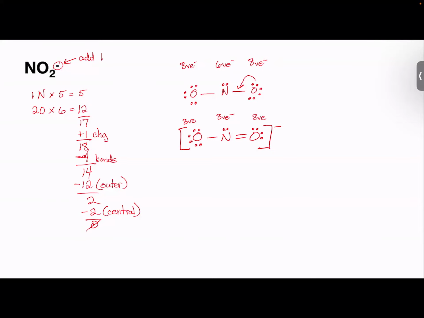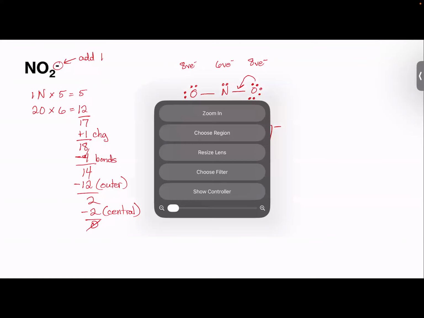But here is the new piece. I made a conscious decision that it would be the right-hand oxygen that shared its electrons in order to allow nitrogen to have an octet. There is no reason it had to be the right-hand oxygen when it could have been the left-hand oxygen and I would have had a similar result. Because of that fact, I can create what's called a resonance structure.